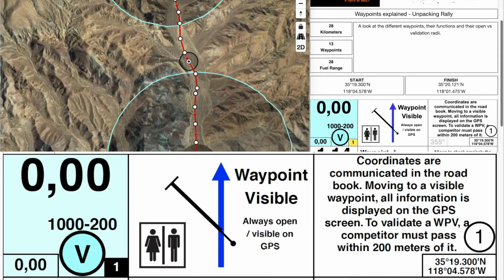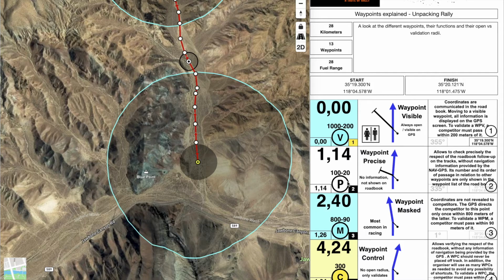So then the next one we get is a Waypoint Precise. It's important to note that with a Waypoint Precise, you don't have any information. On the organizer screen right here, this is what we see, but when you are racing, you will have no information about this.